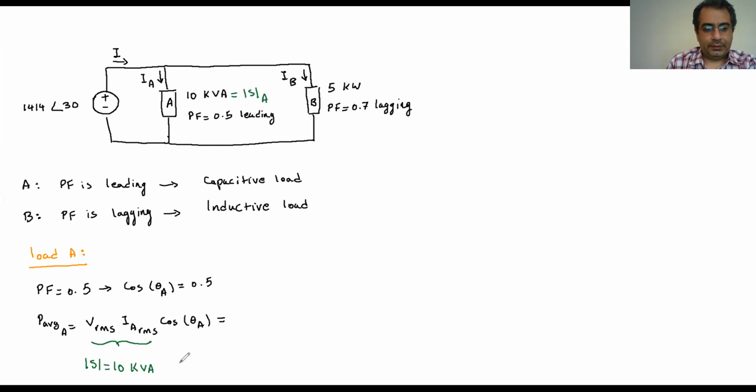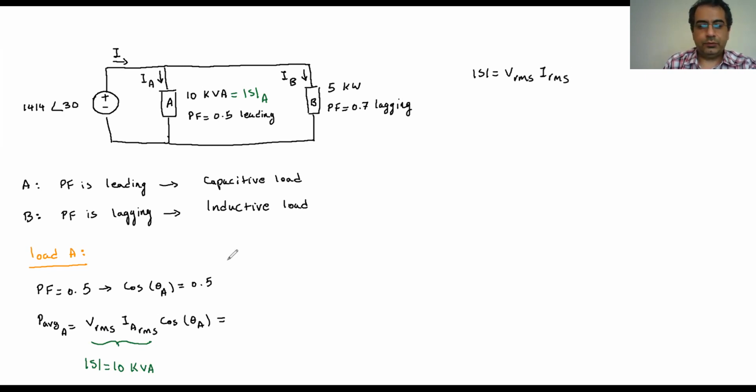We know that the apparent power, the magnitude of S, is VRMS times IRMS.